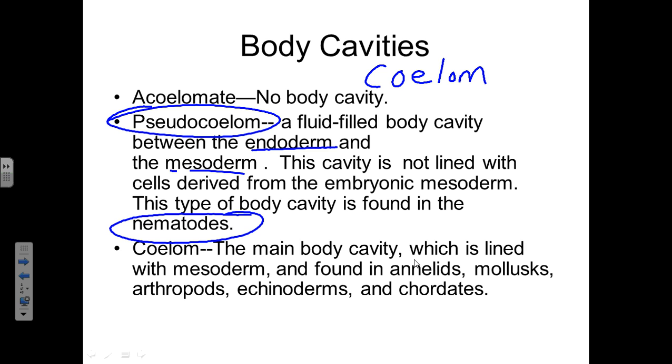What makes it different is it's lined with cells that came from the mesoderm. So the inner lining of this body cavity is actually tissue from the middle germ layer. That's the main kind of body cavity, it holds your organs, and it's in almost all the multicellular animals: annelids, mollusks, arthropods, echinoderms, and chordates.